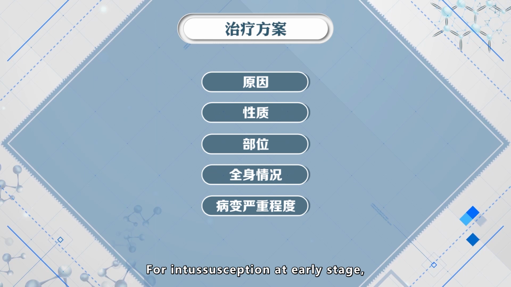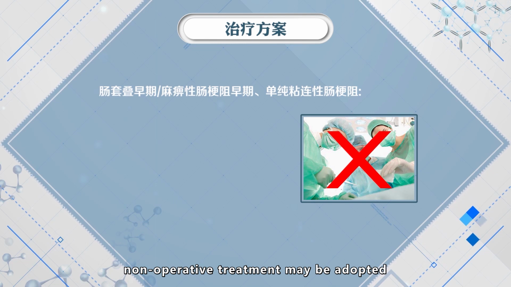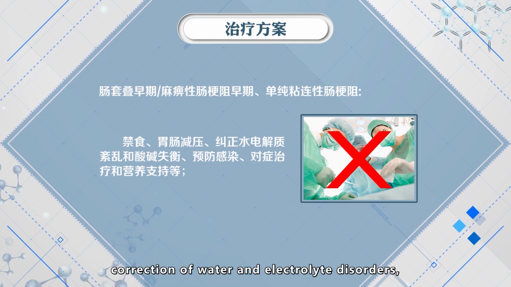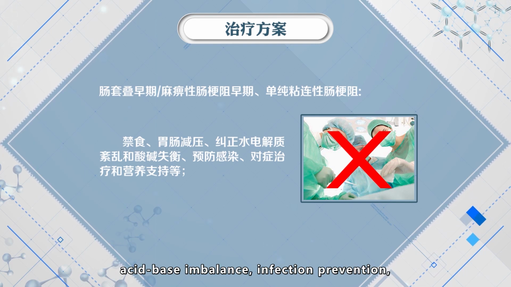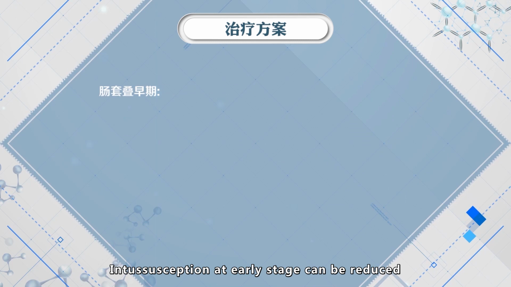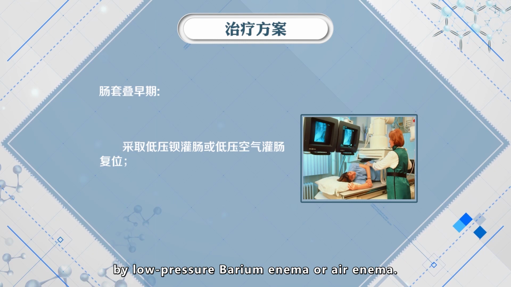For intussusception, early stage paralytic intestinal obstruction, and simple adhesive intestinal obstruction, non-operative treatment may be adopted, including fasting, gastrointestinal decompression, correction of water and electrolyte disorders and acid-base imbalance, infection prevention, symptomatic treatment, and nutritional support. Intussusception at early stage can be reduced by low pressure barium enema or air enema.